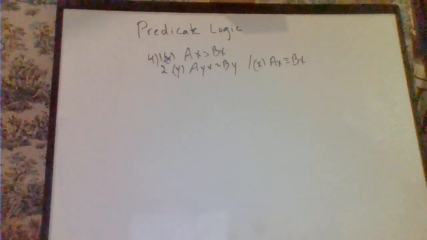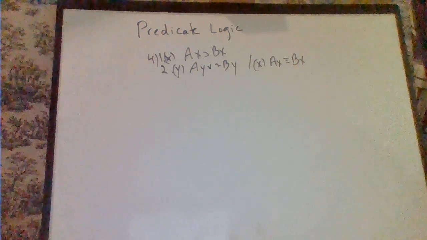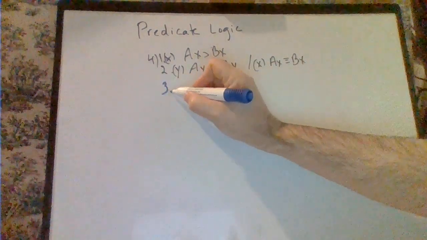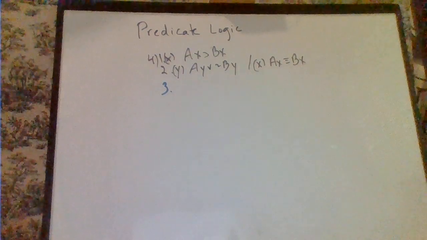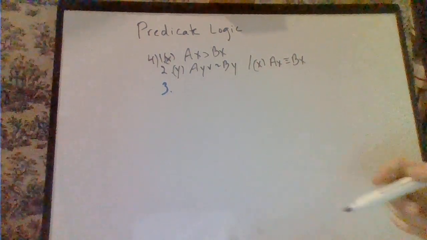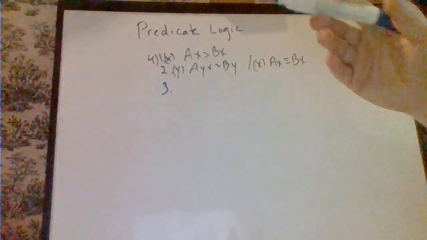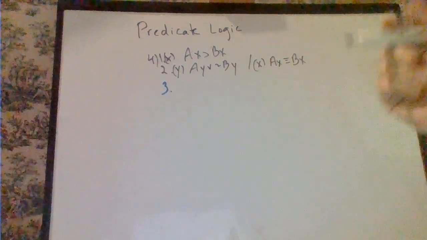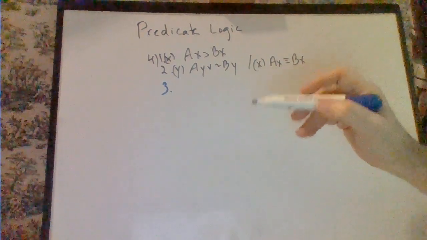Now again, it doesn't matter what letter you replace it with. Whatever letter you happen to choose at the time is fine, but you have to do that instantiation. I'm going to use the letter G. So if you use A or C or F or whatever, that's fine too. But I'm going to use G for the purpose of demonstration here.